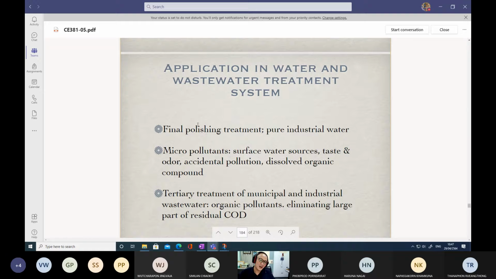If we want to, for example, reuse that treated water, we may apply this process. For example, if you want a water supply source, it could be any type of water, not just surface water or groundwater. Wastewater can also be a water supply source.